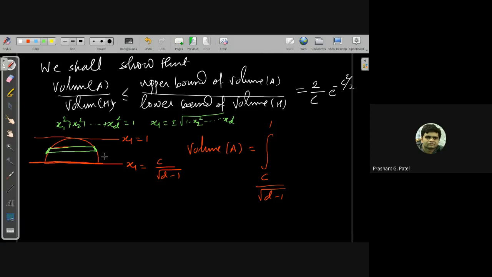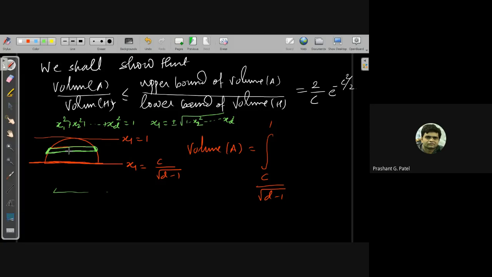But what we will do, we'll take the slice of this much. So this is a slice, and that thing is a circle. You can just see that if I have a sphere and if I cut that sphere with a plane, that will represent one sphere in one less dimension, because right now we are in d dimension and we have cut that.